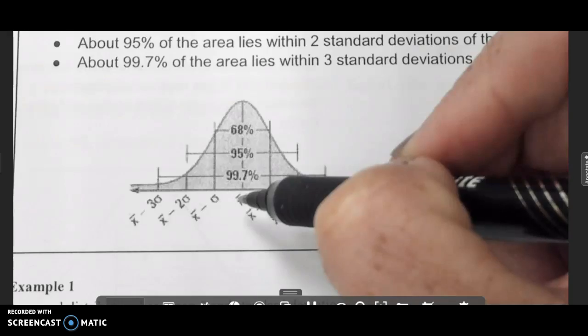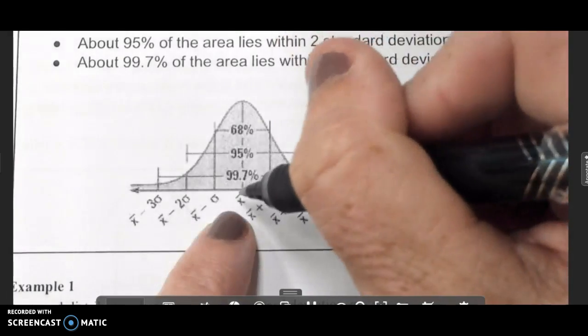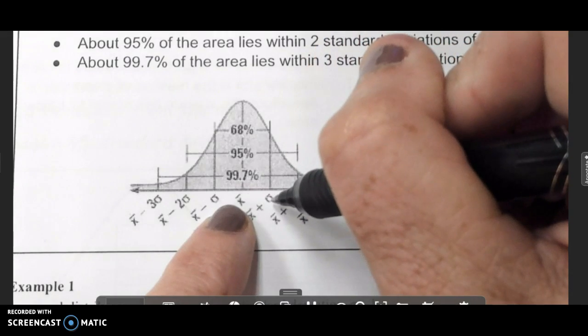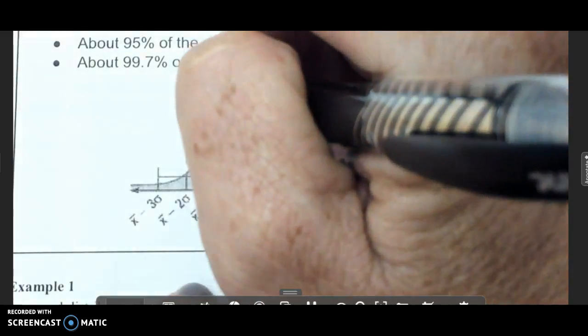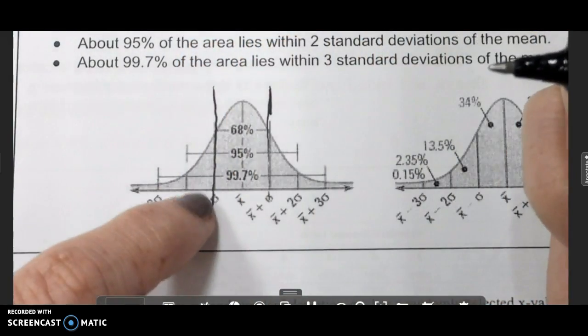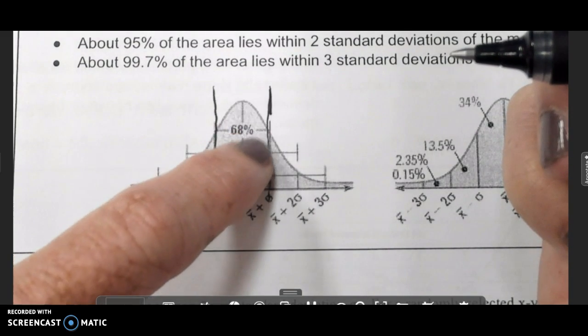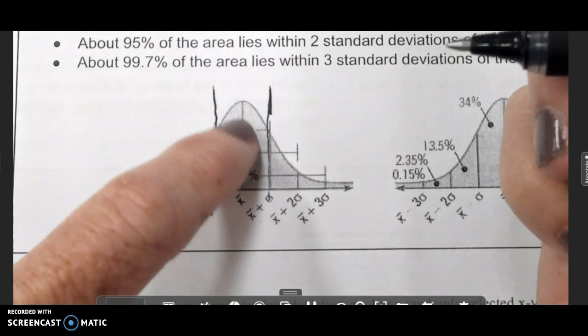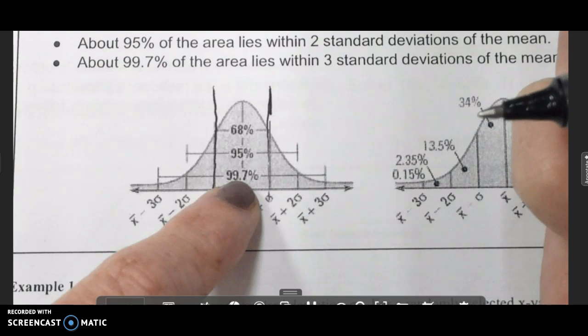Right down the middle. Whatever our standard deviation is, the average plus 1 standard deviation is going to be right here, and your average minus a standard deviation is going to be out here. 68% of that data will fall within 1 standard deviation of the mean.